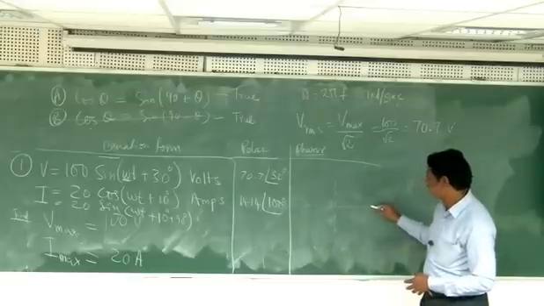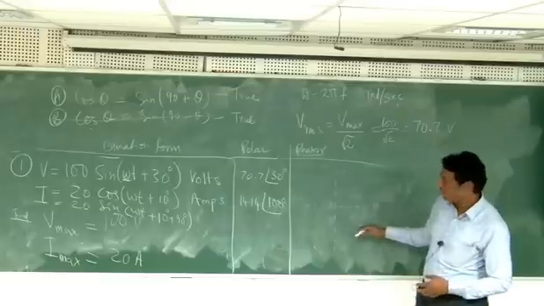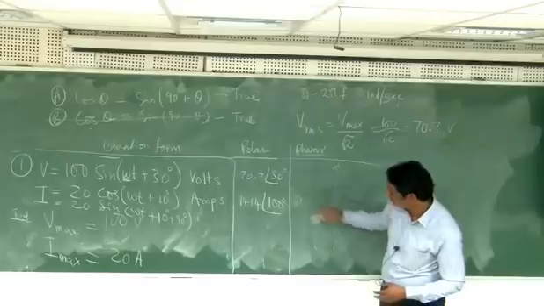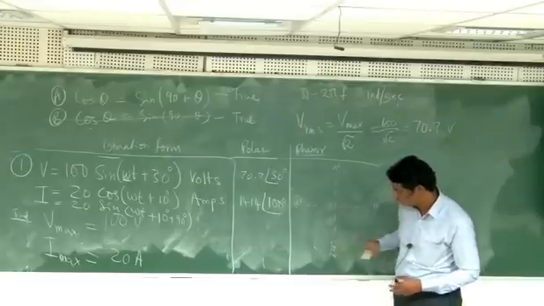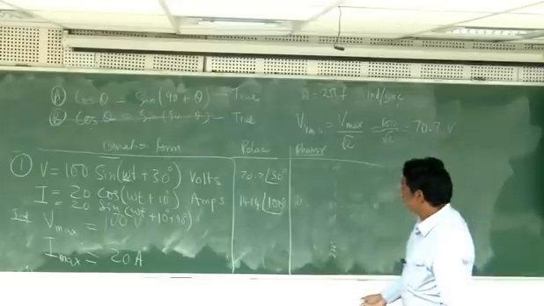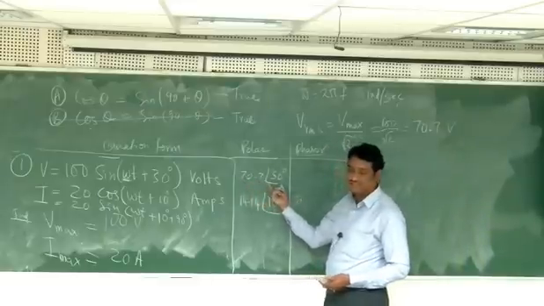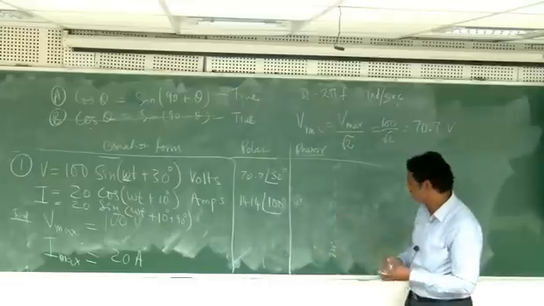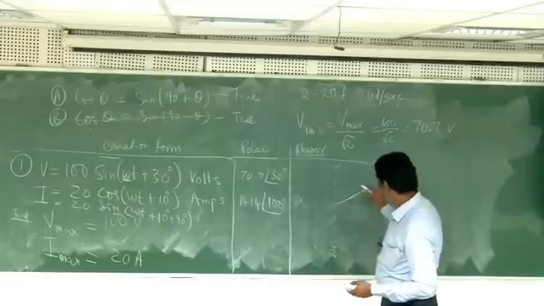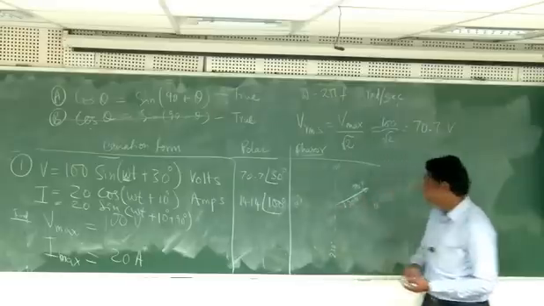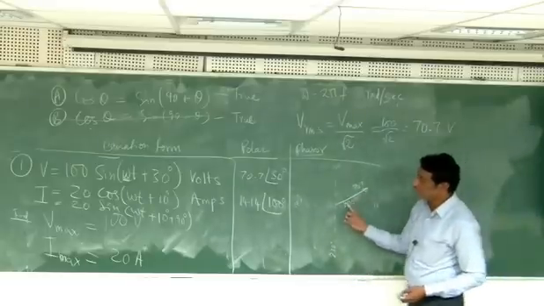The x-axis is considered 0 degrees, the y-axis is 90 degrees, this is 180 degrees and 270 degrees. Now 70.7 is the length, and 30 is the direction or angle. So this length is 70.7 and this angle is 30 degrees.